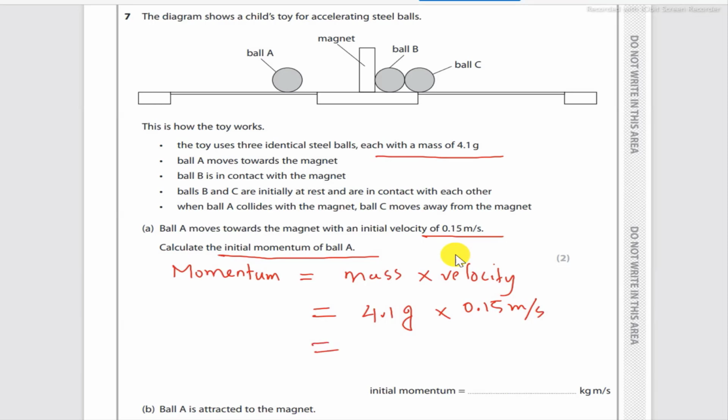We have to convert this gram into kilogram. 4.1 divided by 1000 into 0.15 meter per second. So initial momentum of ball A will be 0.00062 kg meter per second.